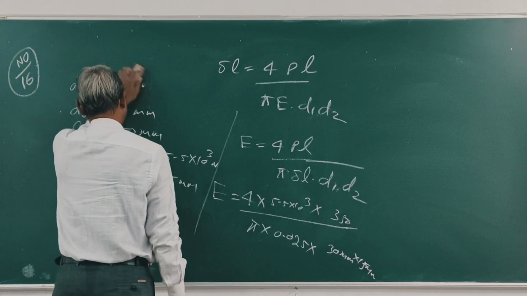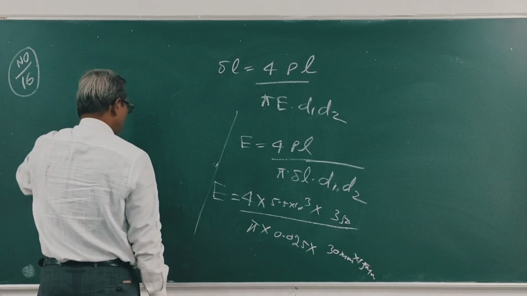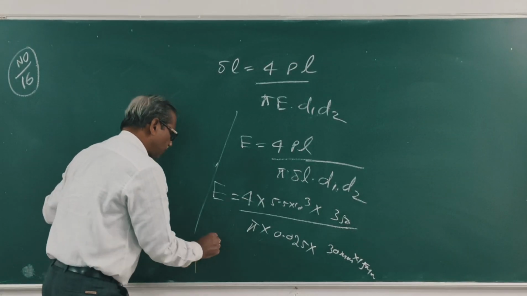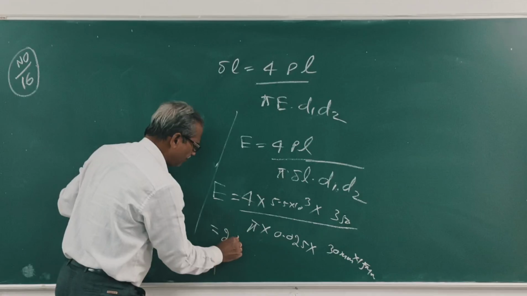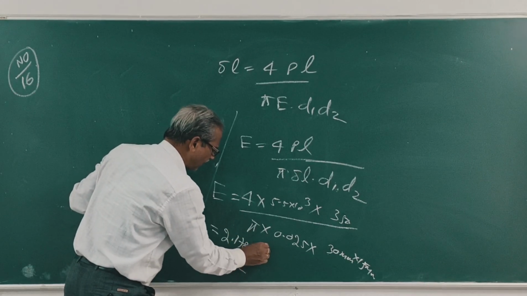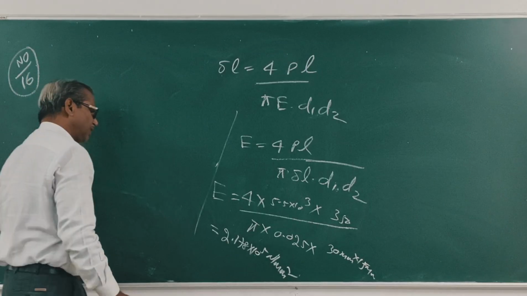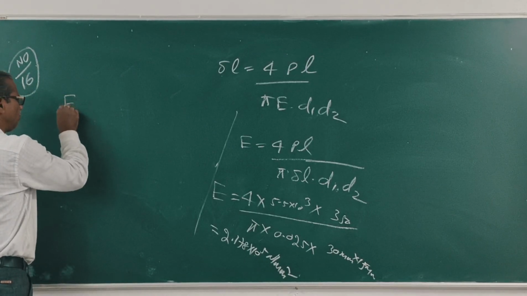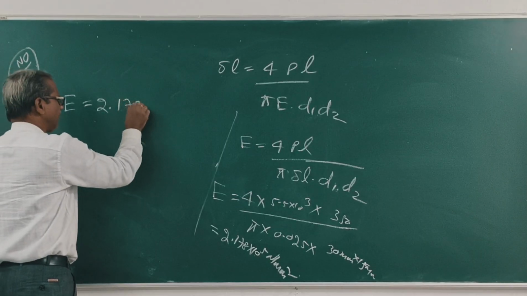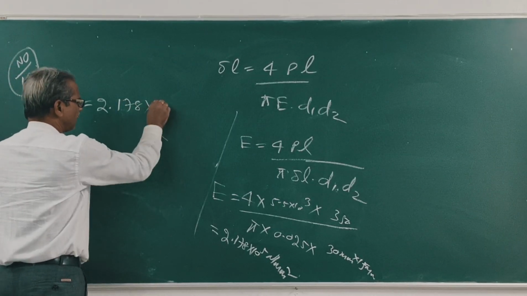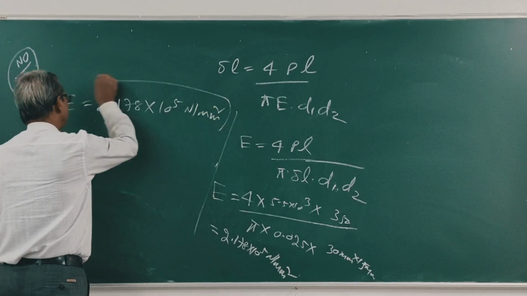Solve, use a calculator, and the answer will be E is equal to 2.178 into 10 to 5 Newton per mm square. Clear?